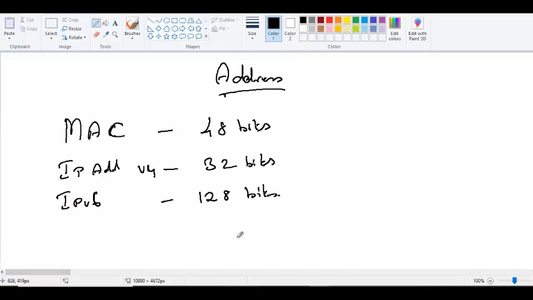The reason why IPv6: we are not having enough address space in IPv4. Plus, the protocol IP itself is old. The Internet Protocol, the structure is old. Old technology.